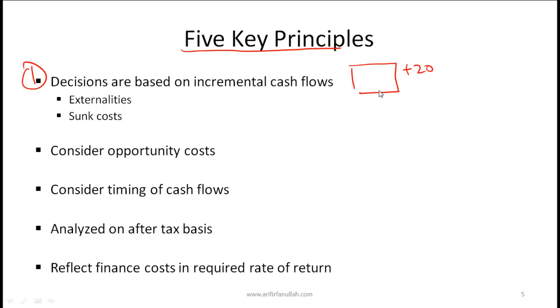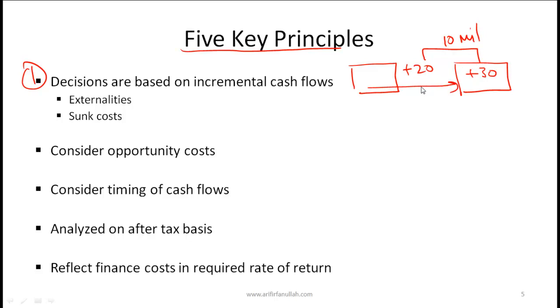Now if you replace this machine with a newer machine, let's say the total cash flow is now 30 million. The analysis should be based on the incremental cash flow here, which is 10 million.